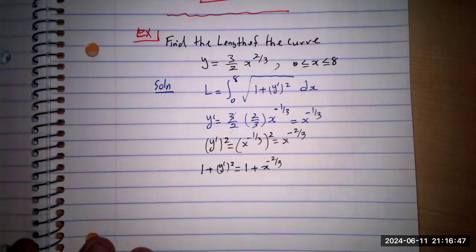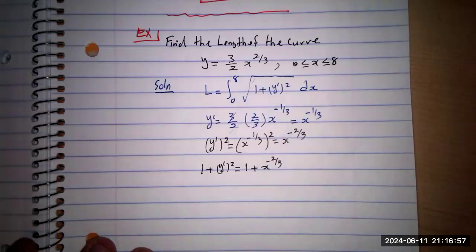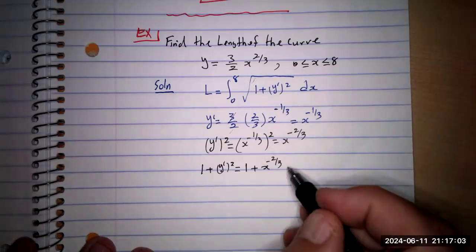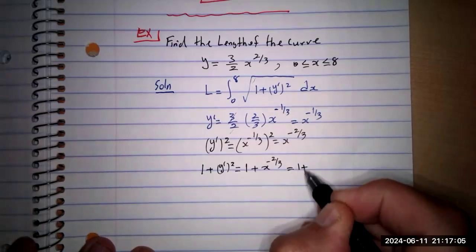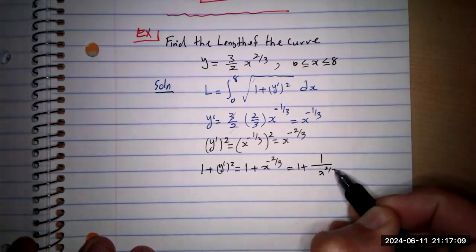Eventually you are going to put it over here and then integrate it. So you better simplify it a little bit more, otherwise you can't find that integral. So the simplification would be, I change this one into the positive power, 1 over x to the 2/3.